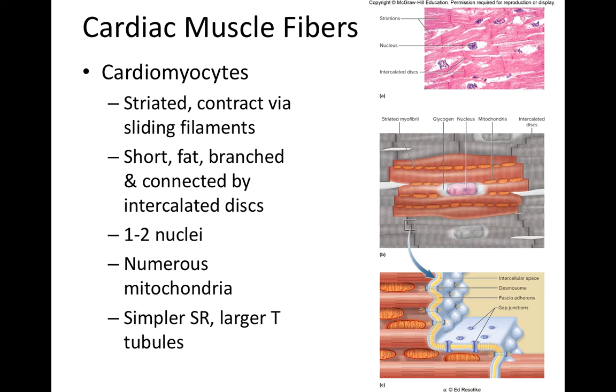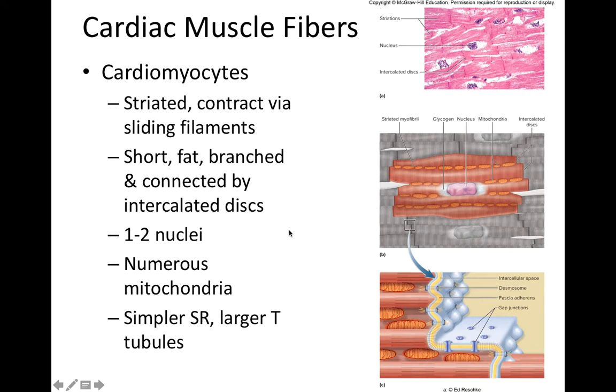There is somewhere in the neighborhood of 1 to 2 nuclei per cell. A lot of them only have one, but you will find a decent number that have multiple nuclei. The nucleus is usually surrounded by glycogen, which is a storage for our glucose. We have a ton of mitochondria, so these cells are just packed full of mitochondria.